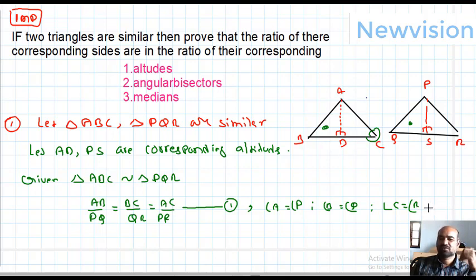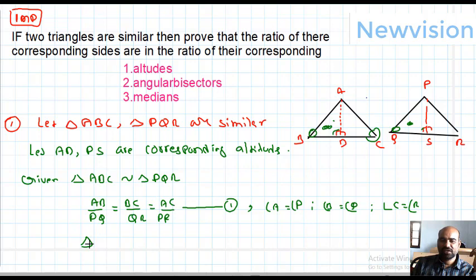I just wrote it like that, but understand that it is angle ACB only. Now compare these two triangles. Angle B equal to angle Q, and 90 degrees each, so from AA similarity these two small triangles are similar.